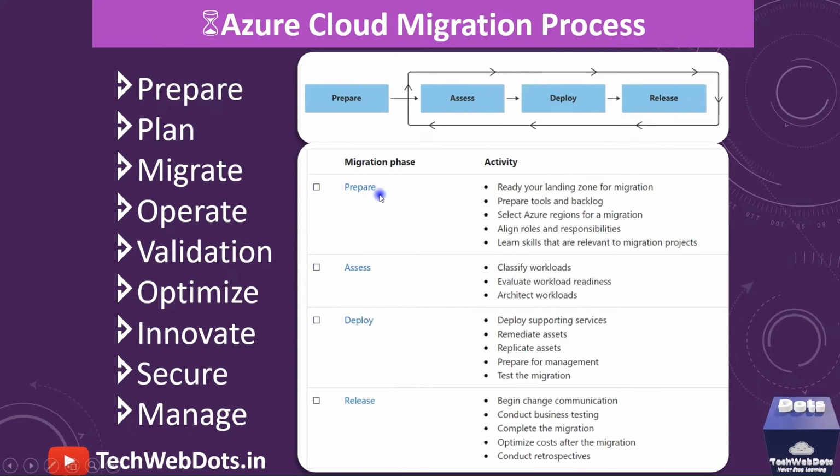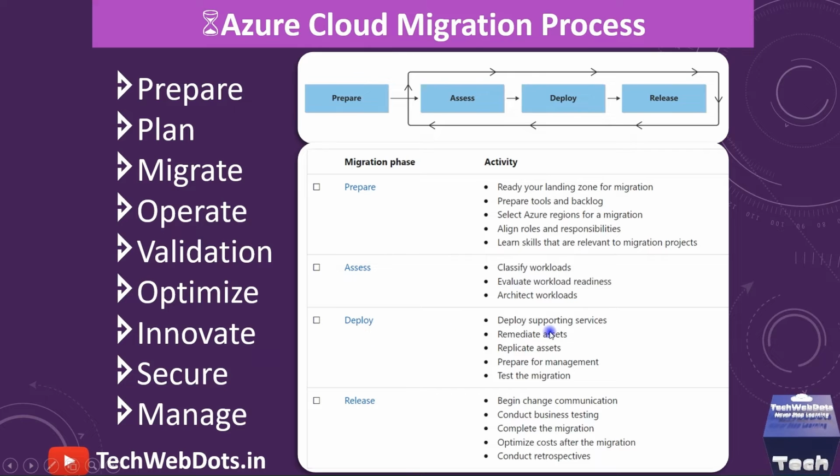For the prepare phase, they talk about readying your landing zone for migration, preparing tools and backlog, selecting Azure regions for migration, aligning roles and responsibilities, and learning skills that are relevant to migration projects. For the assess phase, they mention classify workloads, evaluate workload readiness, and architect workload.